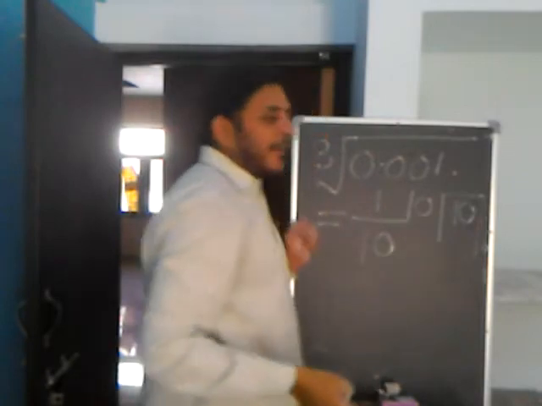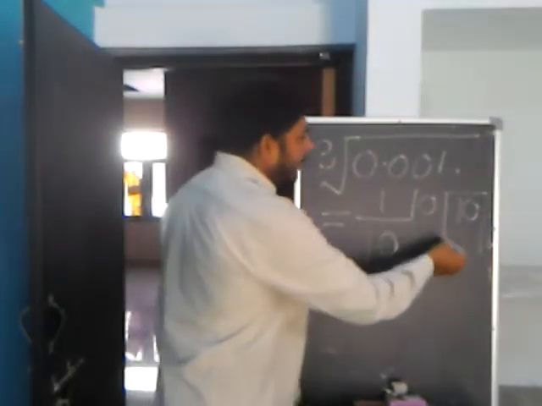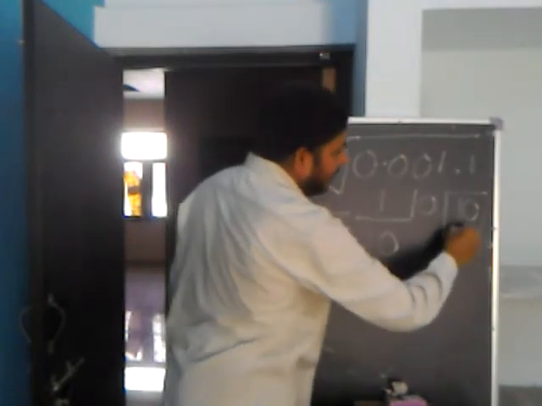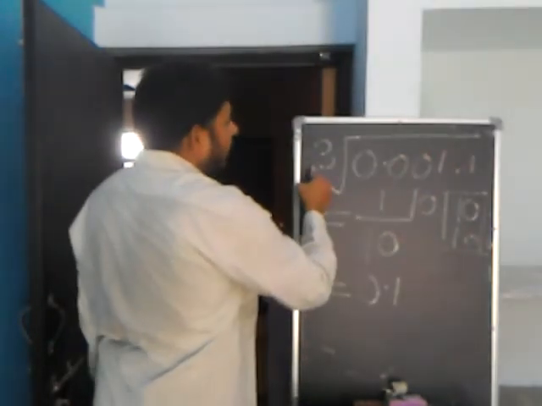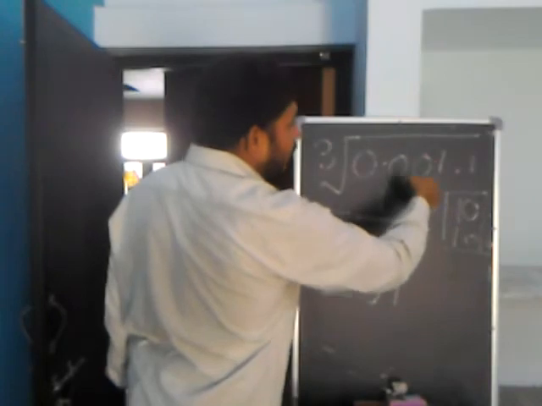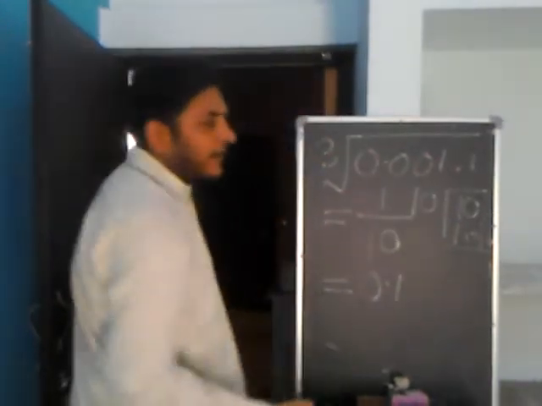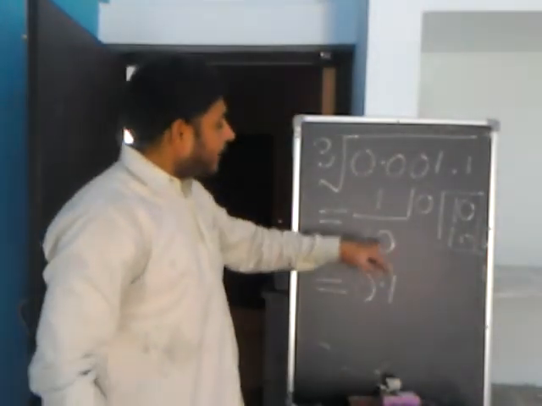After using the point, I can get 10, and in each step I got 10. So this can be written in the form of 0.1. Answer of cube root of 0.001 is 0.1. Question is solved.